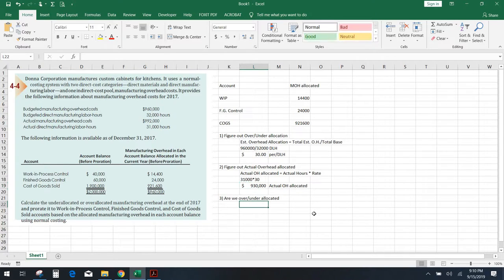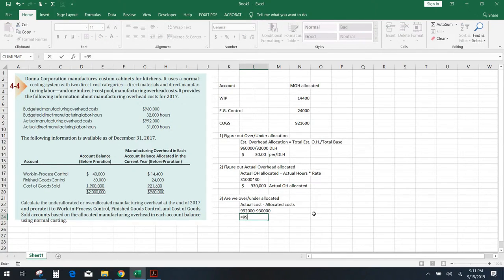So all we have to do is take the actual cost minus the allocated cost, 992,000 minus 930,000.